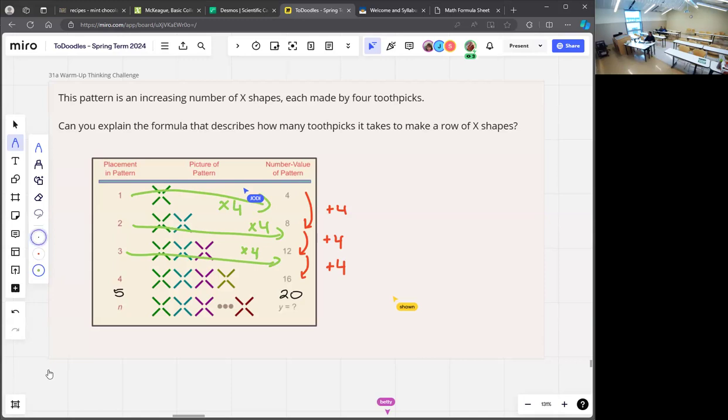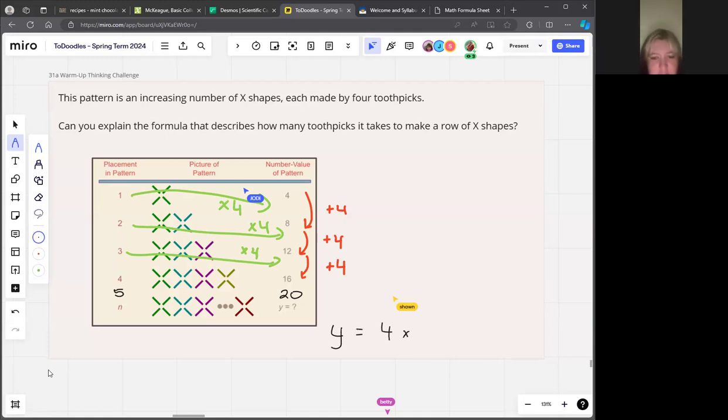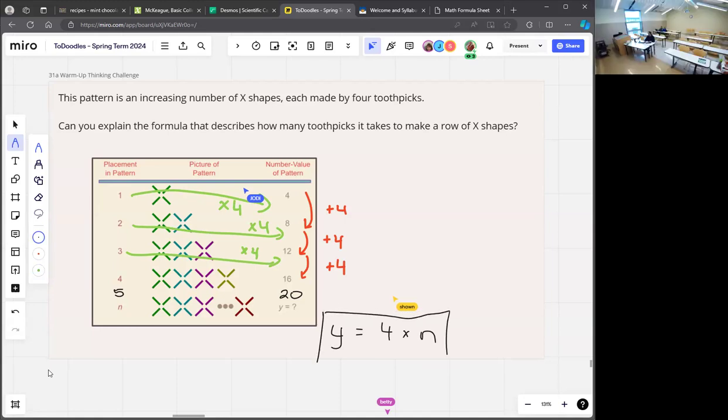So my general rule, I will write it as y equals 4 times whatever number. So whatever n is, if it's 3, 3 times 4 is 12. If n is 2, 2 times 4 is 8. And so on.